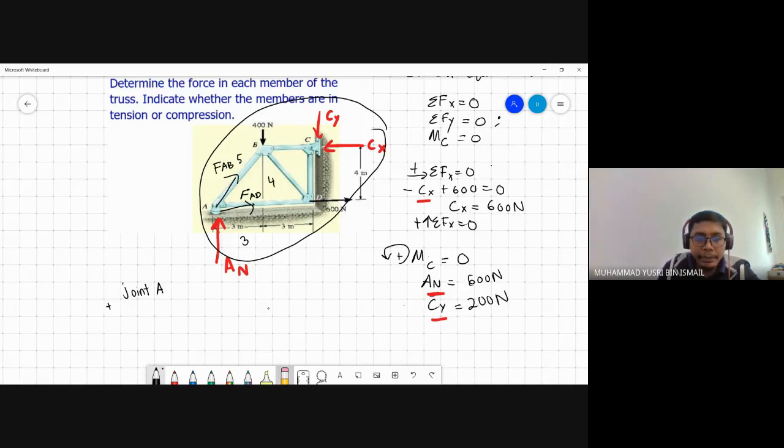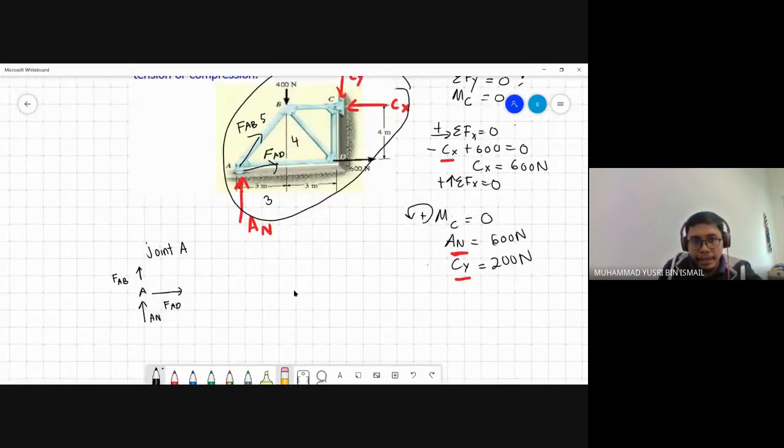For FAD, draw the free body diagram. Okay, this is the free body diagram. Now apply the summation of forces equal to 0.